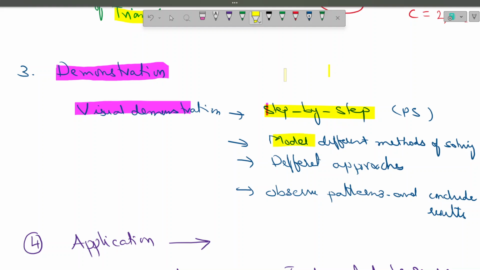Or you can model different methods for solving a problem. For any problem there may be more than one method, and different approaches. Then ask the students to understand the pattern and conclude the result. How to apply the formula.